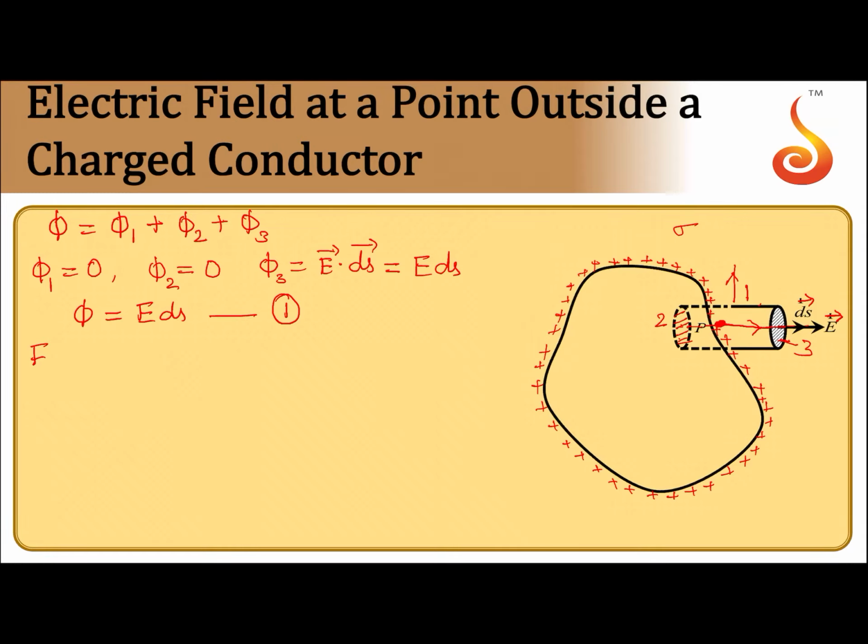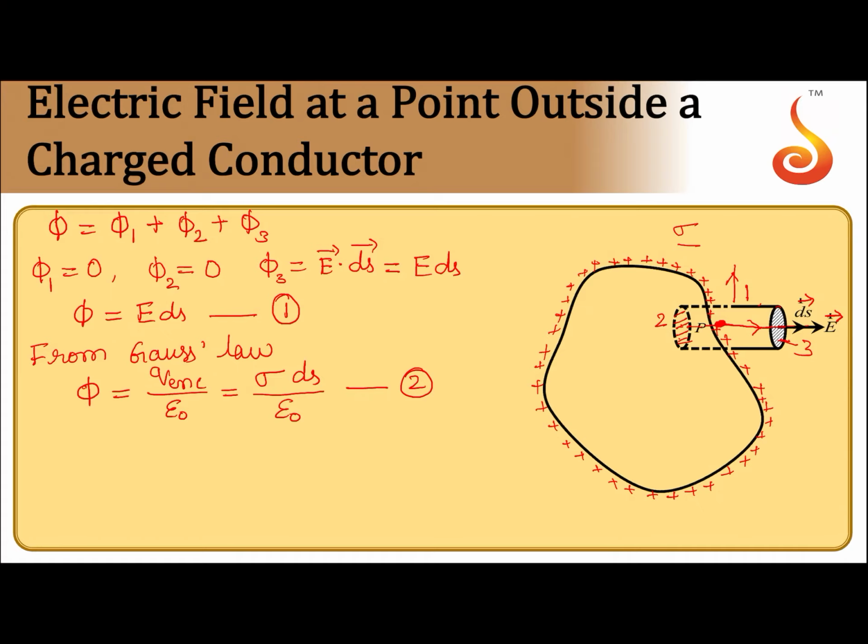Now, use Gauss law. From Gauss law, flux through the surface should be equal to charge enclosed divided by epsilon naught. Now, what is charge enclosed? Charge enclosed is sigma into area of cross section of this Gaussian surface, that is ds, divided by epsilon naught. Call it equation 2.